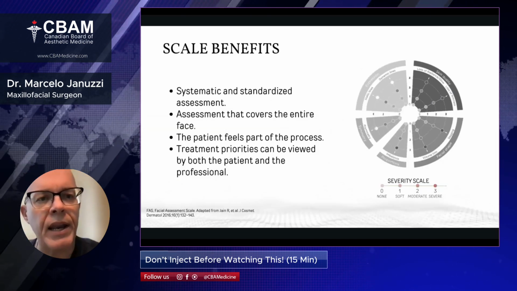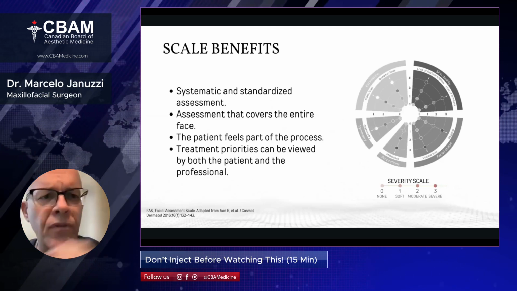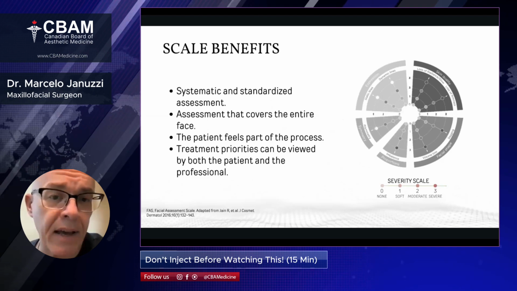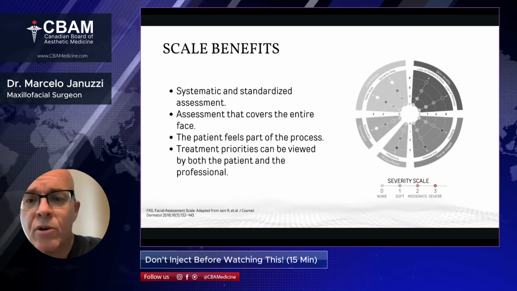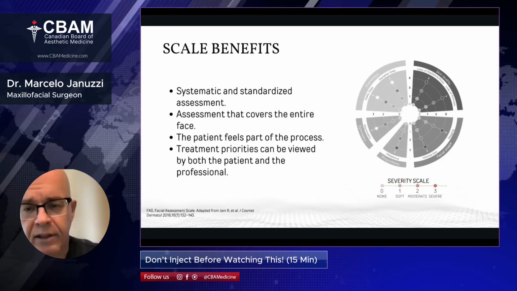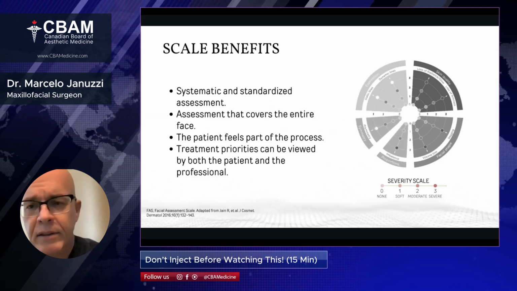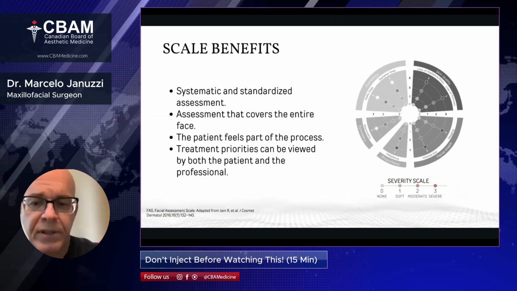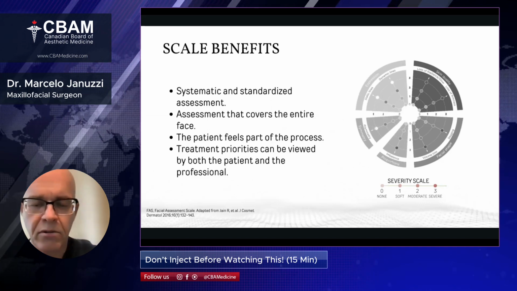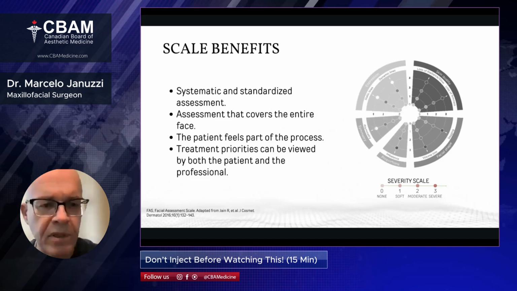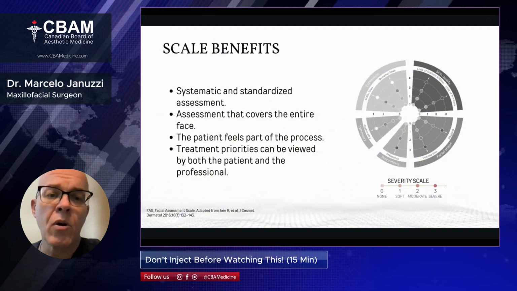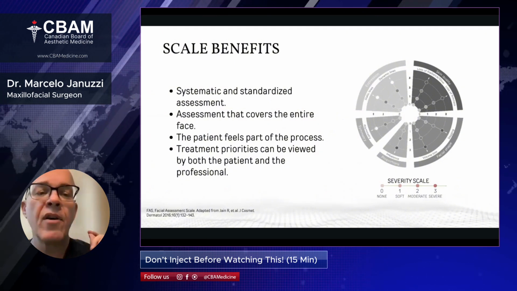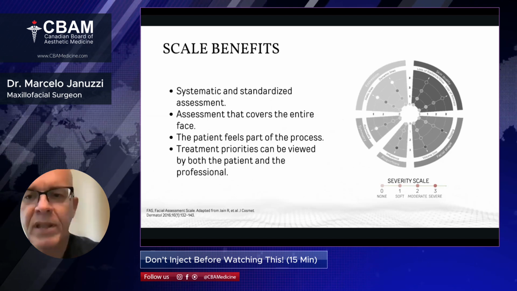With this scale we can develop some benefits: systematic and standardized assessments, so we can determine in those classifications the severity scale, the severe or mild problems in those areas. The assessment covers the entire face. That's very important. The patient feels part of the process.